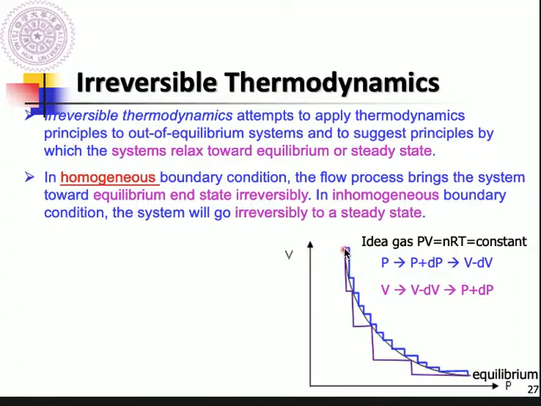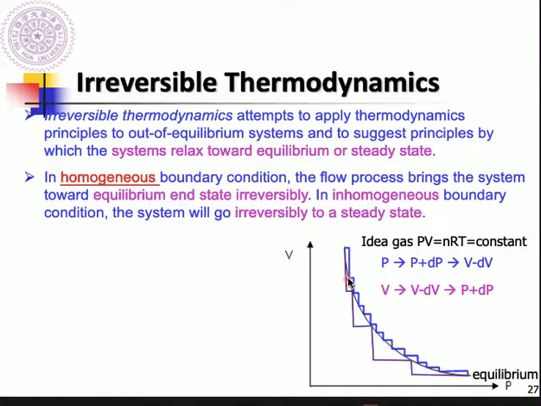We try to use an external force to increase the pressure, then we can get to this point. Then we release this pressure. Then the state of the system will drop back to this equilibrium condition.